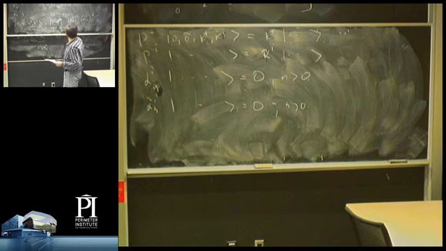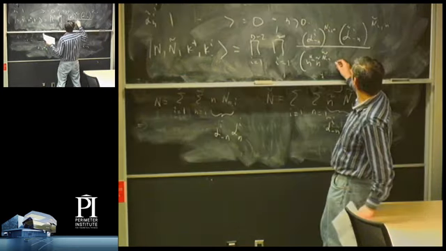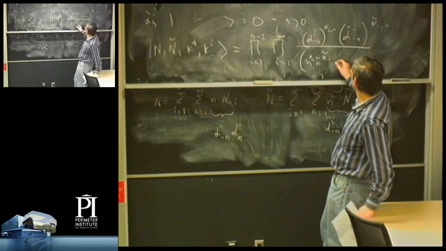So the only difference now is that I have to act with the right-moving oscillators as well, and so then I have n and n tilde to the power n. Those are just different normalizations, and then I act on the vacuum, 0, 0.